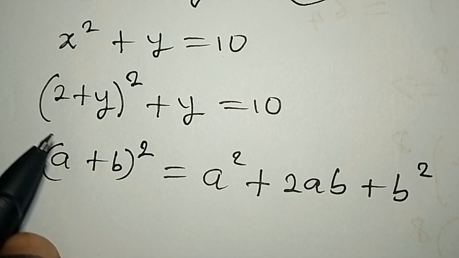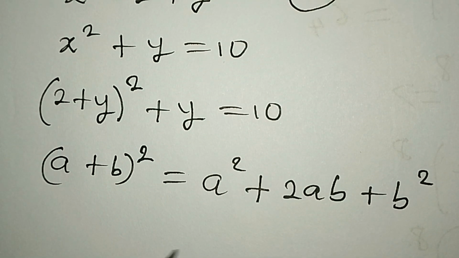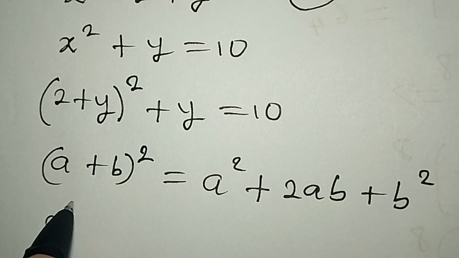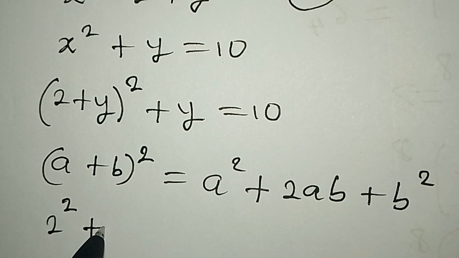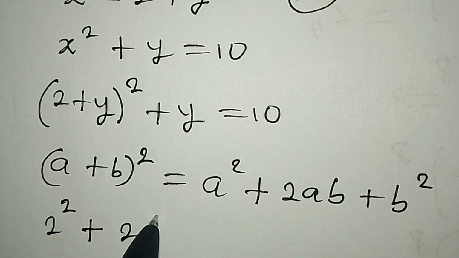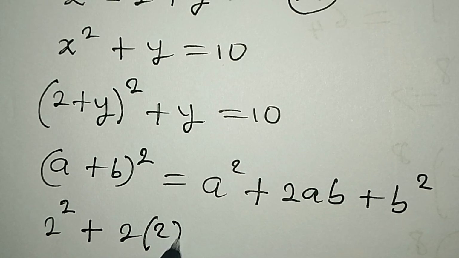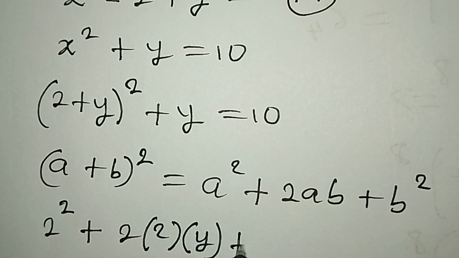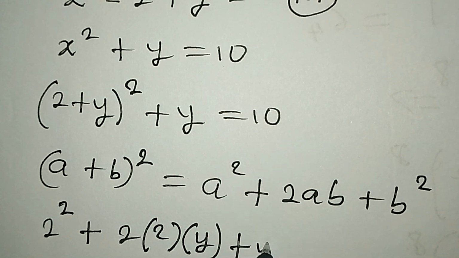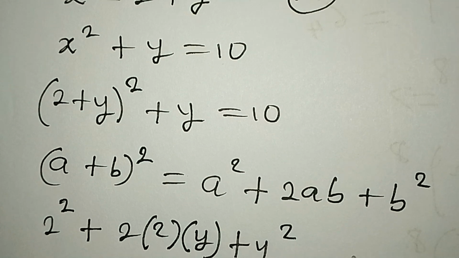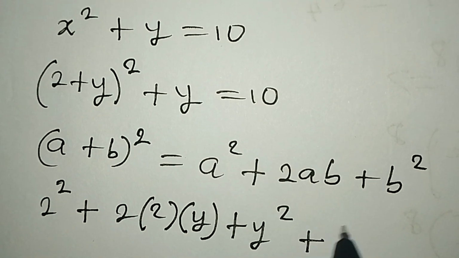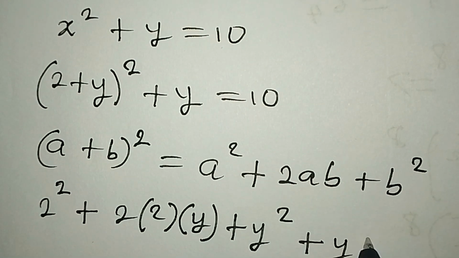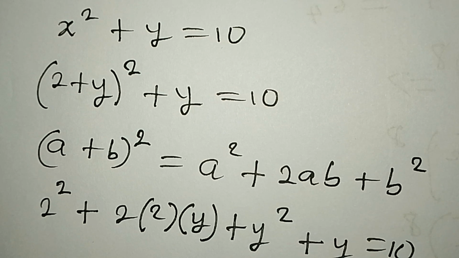And then in place of (2 plus y) squared, we're going to write 2 squared plus 2ab, where a is 2 and b is y, then plus b squared, that will now be y squared. Then we have plus y, and everything is equal to 10.